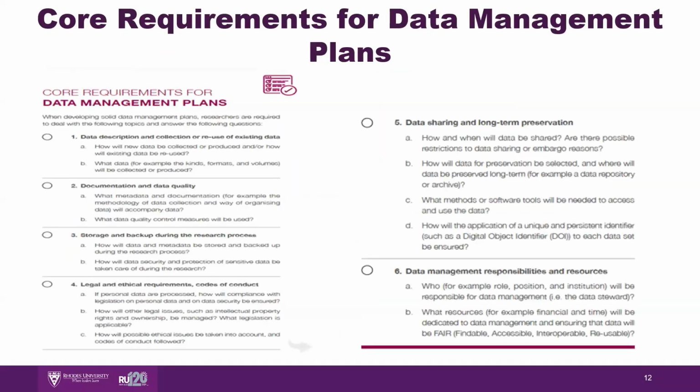Now, in terms of the structure of a data management plan, it does take on a certain form, and this is a recommended structure, which is known as the core requirements for data management plans.